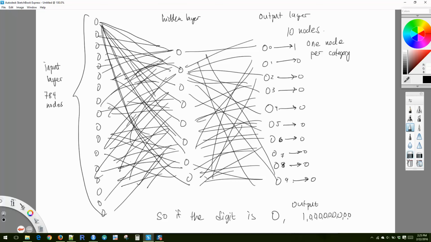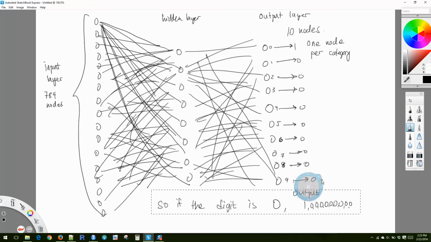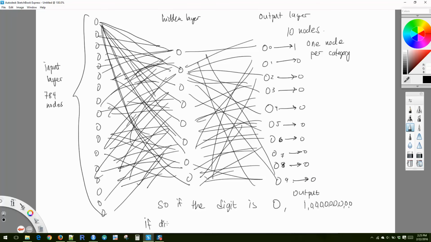Or if the digit is a 4, then our output will be 0, 0, 0, 0: this is 0, 1, 2, 3. The node corresponding to 4 will be a 1, and everything else will be a 0. Something like that.